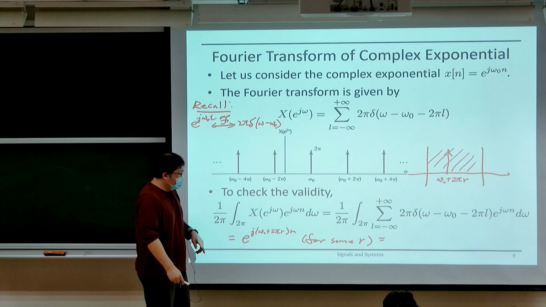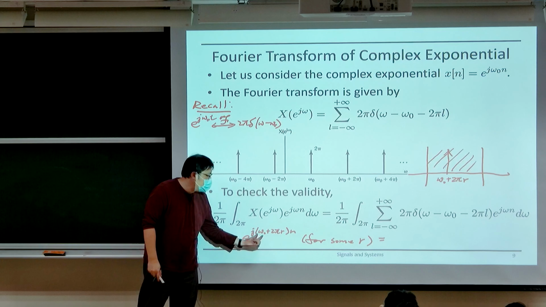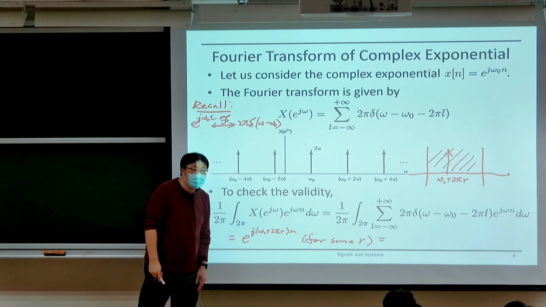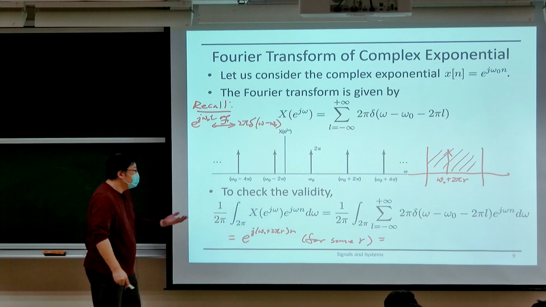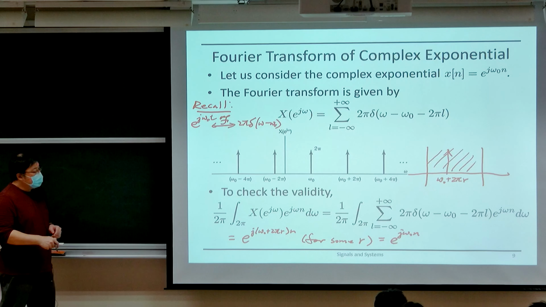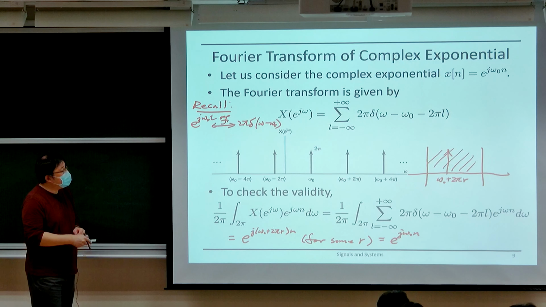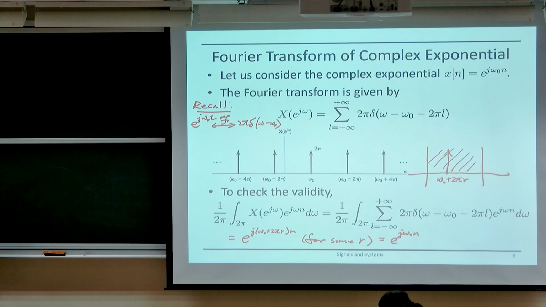Since both r and n are integers, omega naught n plus an integer multiple of 2 pi gives e to the j omega naught n. So here we showed that, yes, this is indeed the spectrum for this complex exponential.